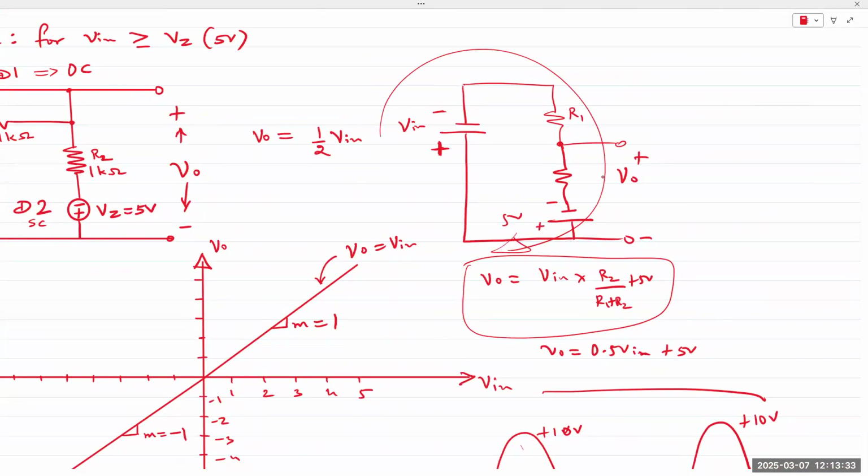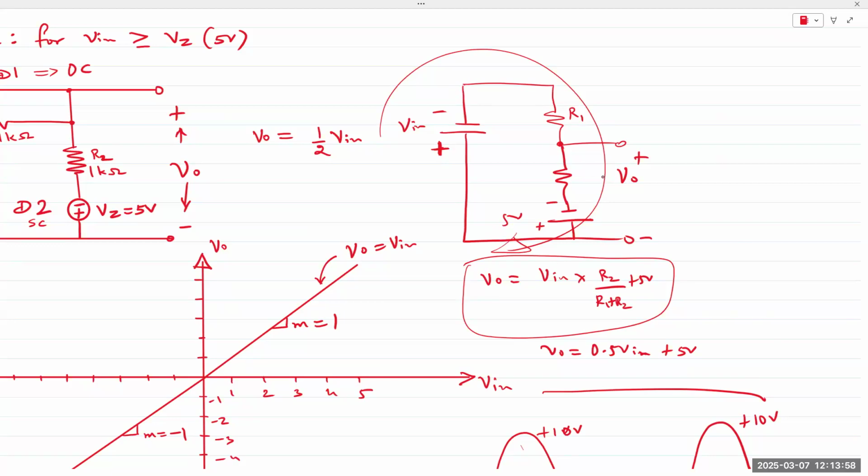Minus and plus. Okay. For all V in input voltages, 5 volts or greater, right? If it's less than 5 volts, it's off. If it's greater than 5 volts, it's conducting, but it holds a 5 volt voltage drop across it. So it behaves like a constant voltage source of 5 volts.